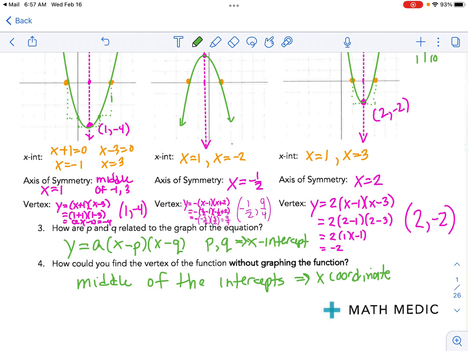And then we'll have to find that y coordinate like we did. We'll have to plug that back into the function. So we plug x into the function for the y coordinate.